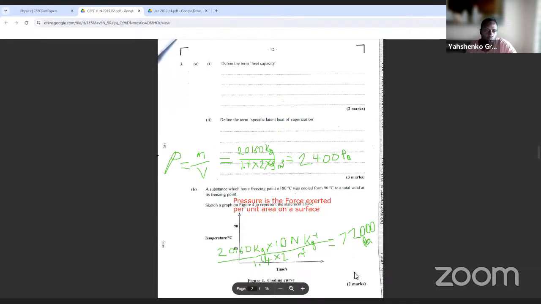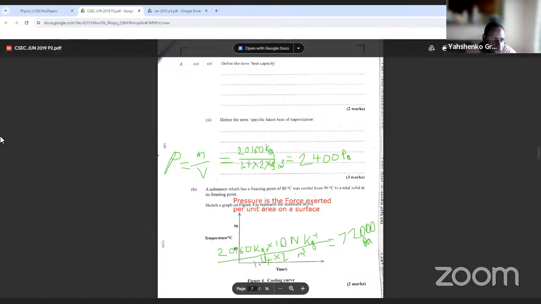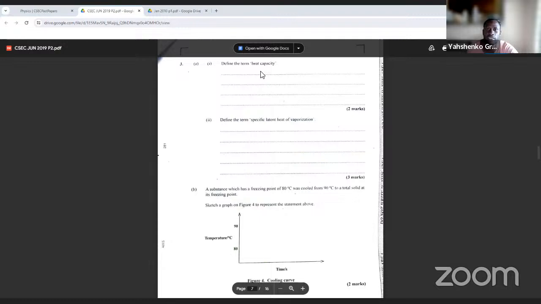And let's see if we can quickly flash through this heat capacity question. Okay, so define the term heat capacity. Now I would want to tell you that heat capacity is measured in joules per Kelvin.